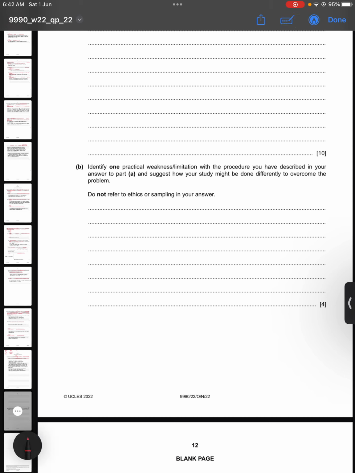Now, as part B says, identify one practical weakness or limitation with the procedure you have described in your answer and suggest how your study might be done differently to overcome the problem, and you do not have to refer to ethics or sampling.